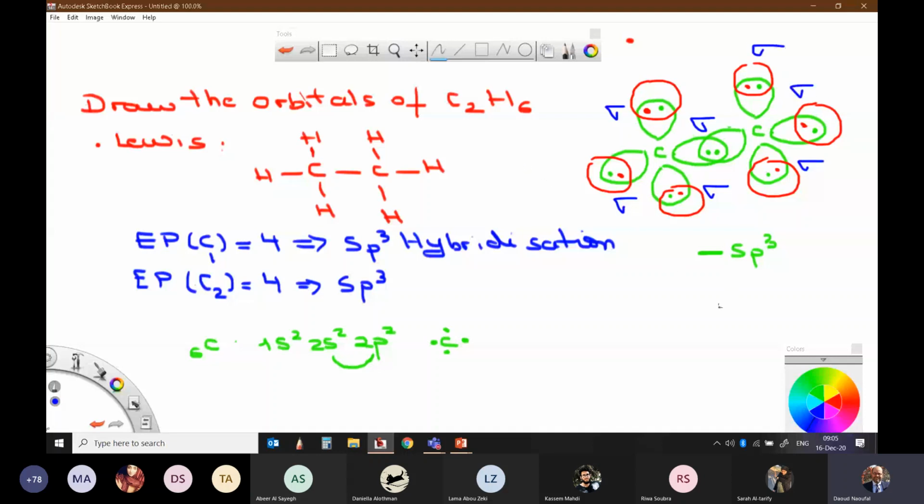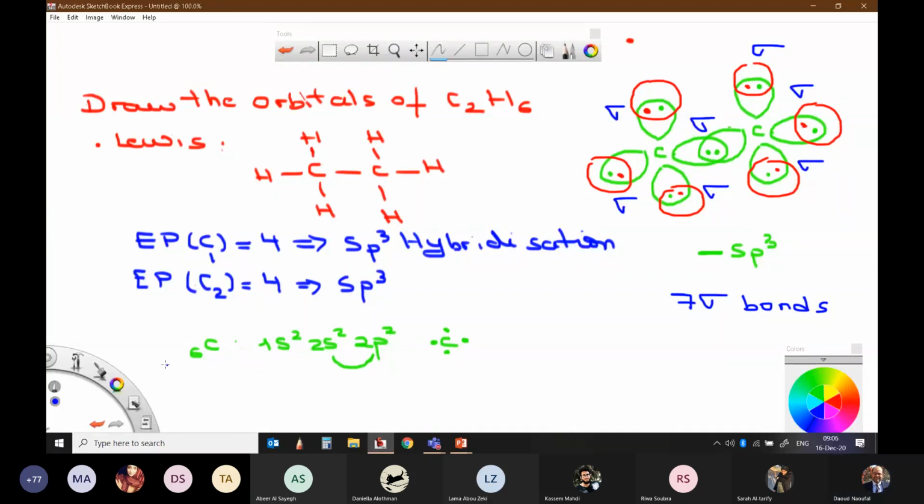So how many sigma bonds do we have? 2, 4, we have 7 sigma bonds. This is the drawing of all orbitals of C2H6.